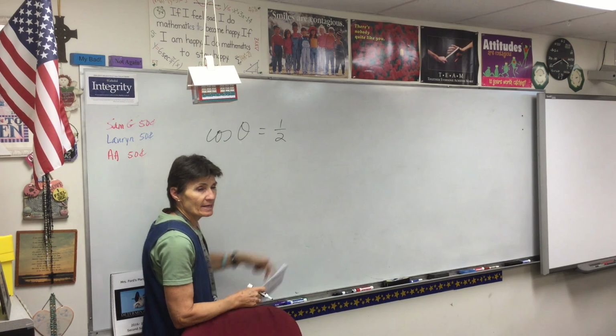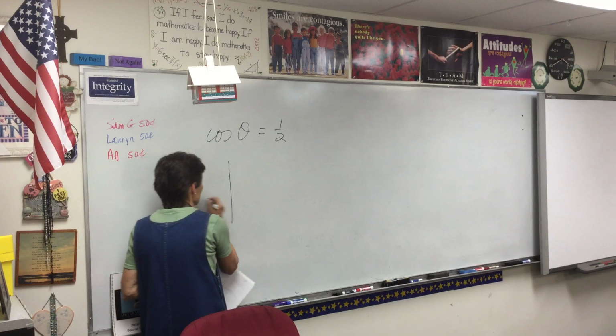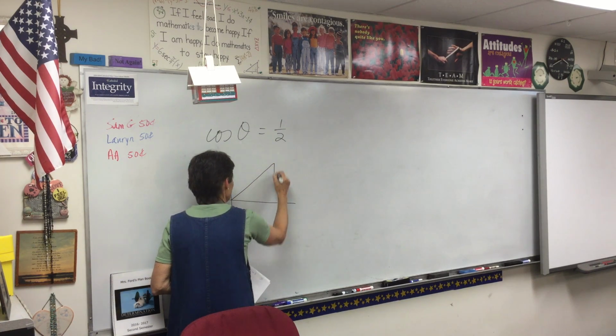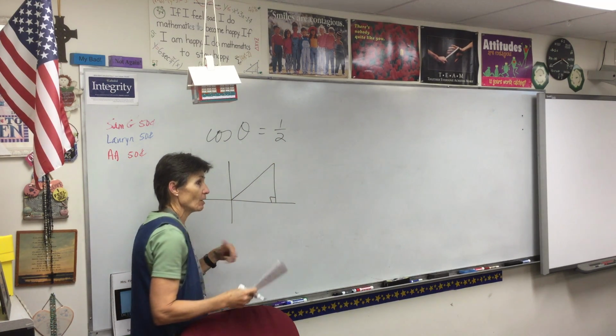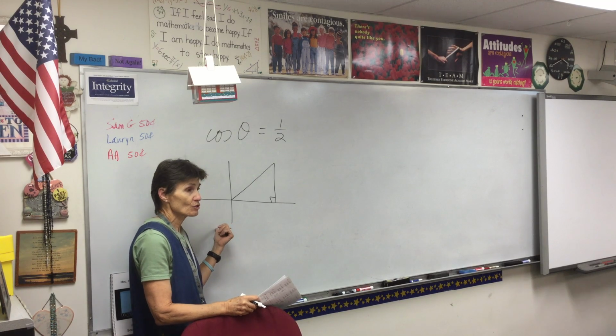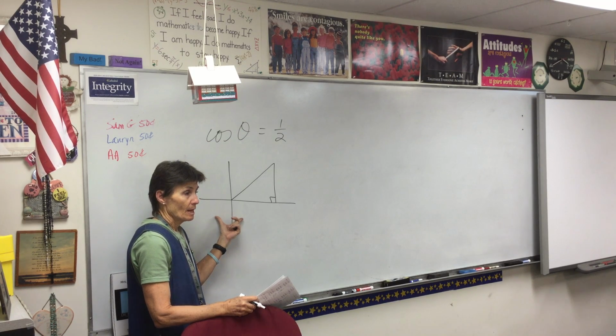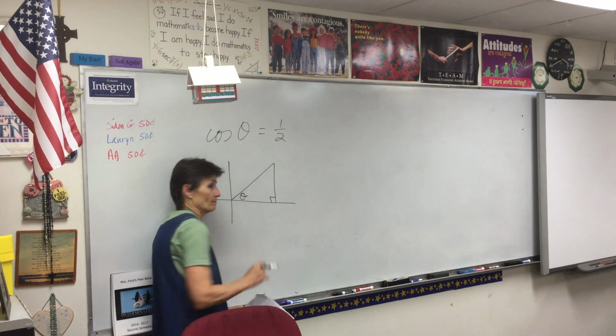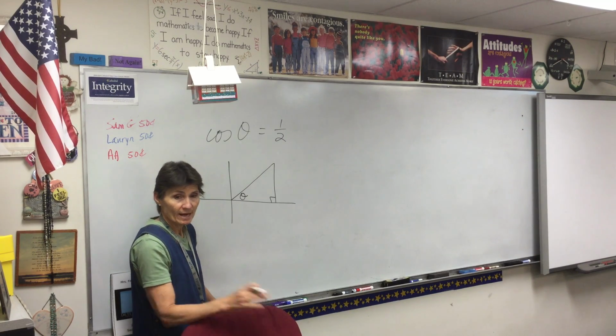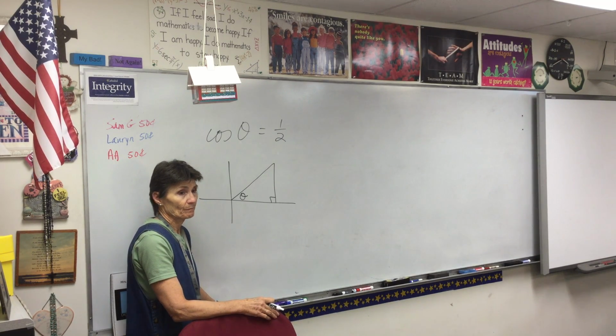Okay? They didn't draw me a picture, so I'm going to draw my own. And remember, I've been kind of harping on this fact that when you are constructing your own picture, you want to set it up like this. This is how you want to set it up. And theta would be right here. Always at the origin. The angle is always at the origin.